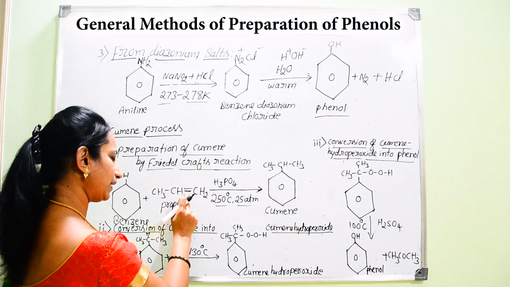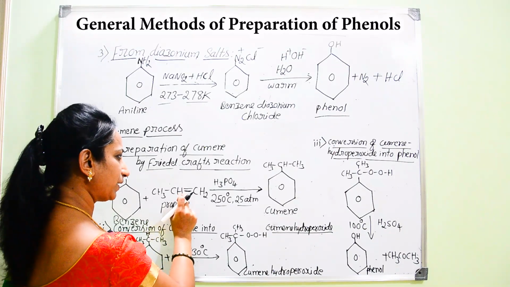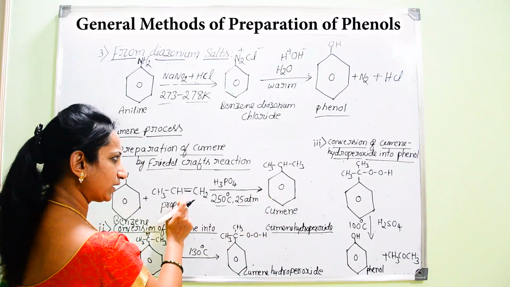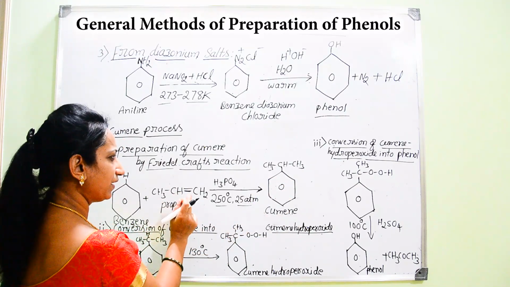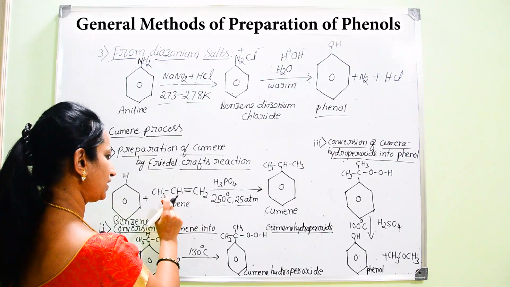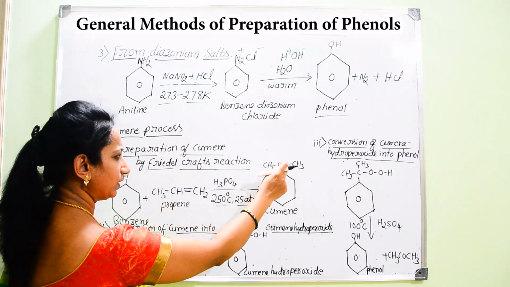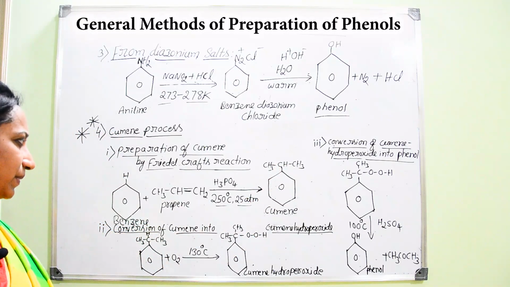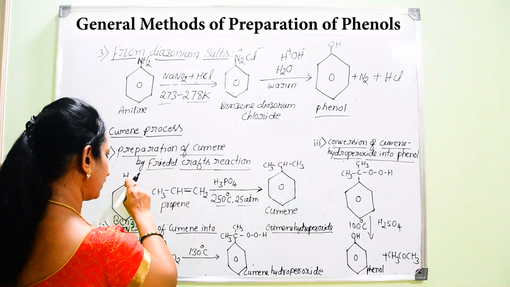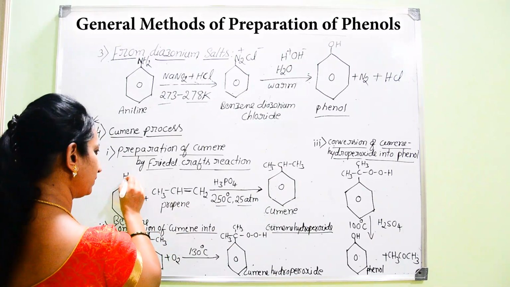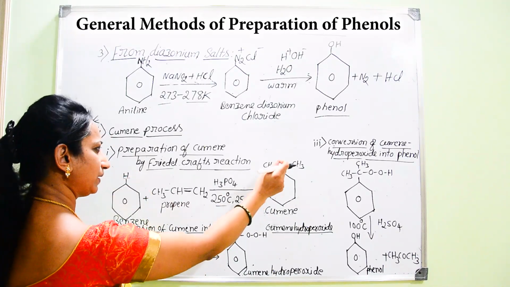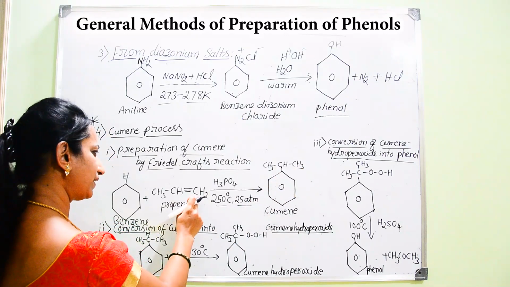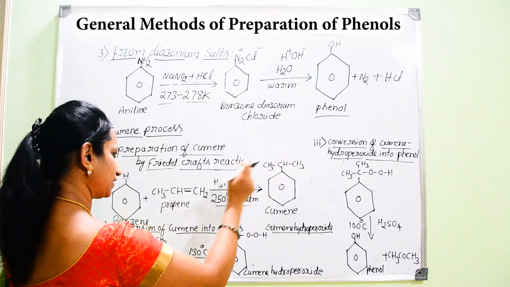That bond will be involved in the formation of a new bond with this aromatic ring. Here CH3 and CH3, and there is one hydrogen atom. That hydrogen atom will be attached to this carbon atom. So instead of getting CH2, here you can find CH3.